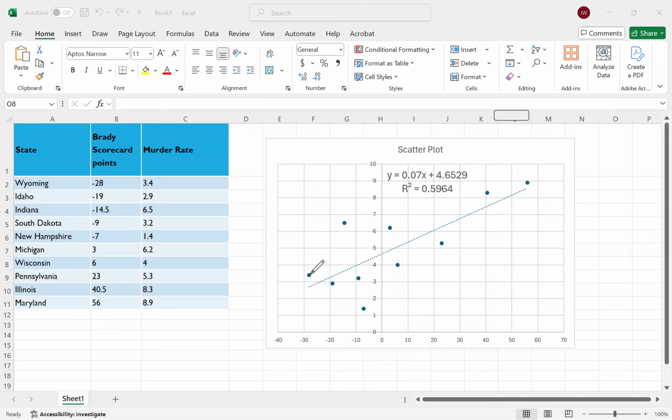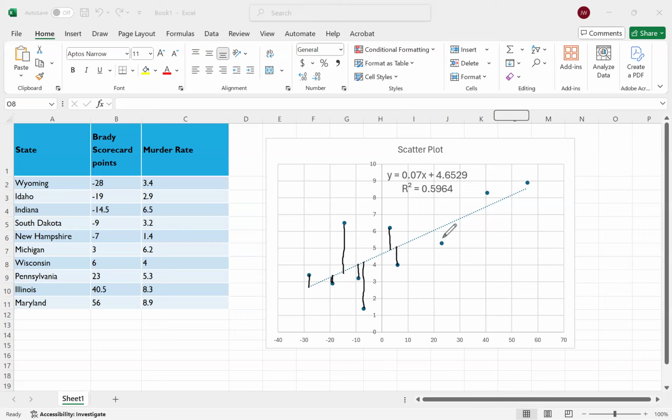So it takes each one of the distances from the point to the line in a straight vertical distance. And some of these distances will be positive because the points are above the line. Some of these distances will be negative since the points are below the line. It squares all of those distances.